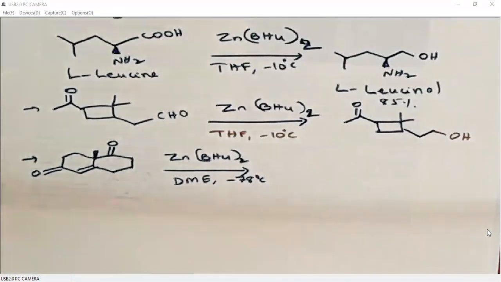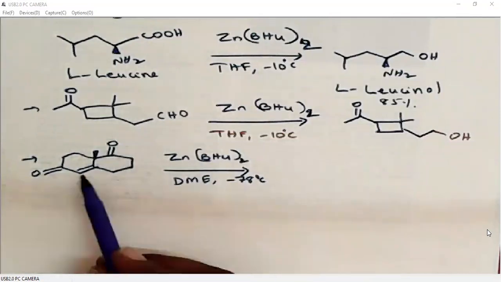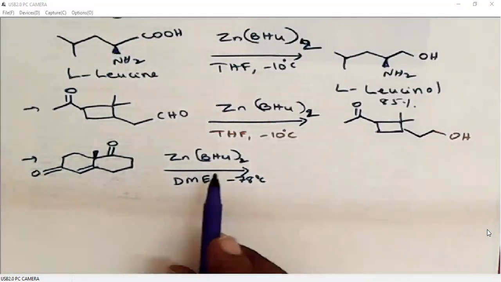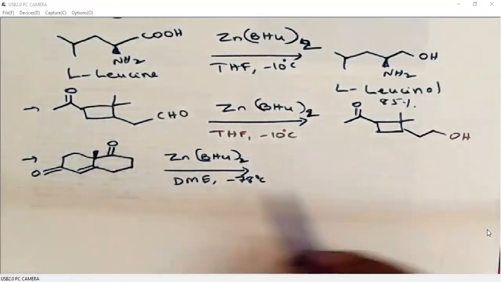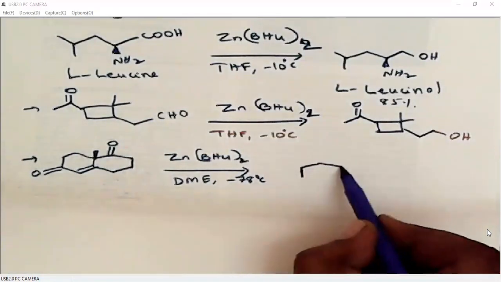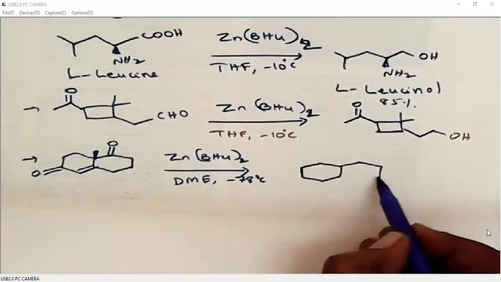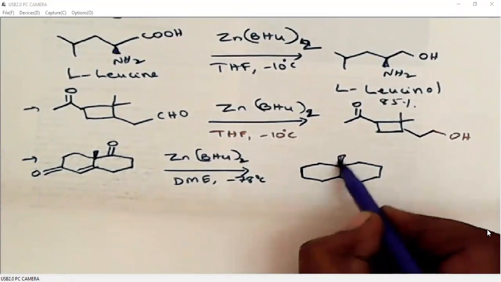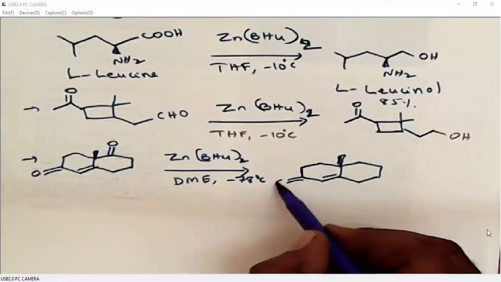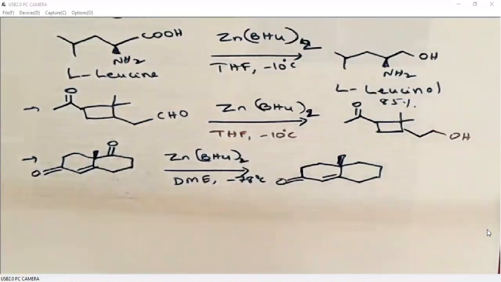Right. When we have a simple ketone and an enone, zinc borohydride will selectively reduce the simple ketone but not the enone. The enone carbonyl will not be reduced.